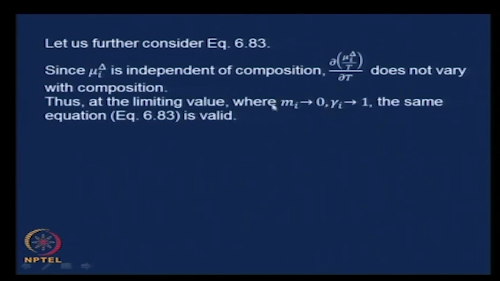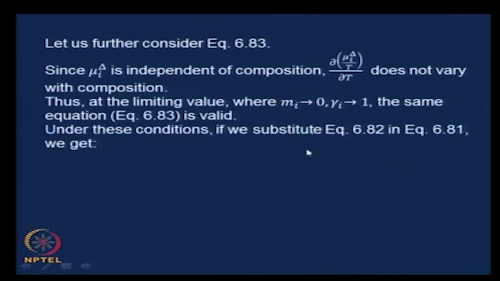And therefore under these conditions if we substitute 682 and 681, we get dou ln gamma_i dou T equals H_i infinity hash minus H_i hash divided by RT squared.